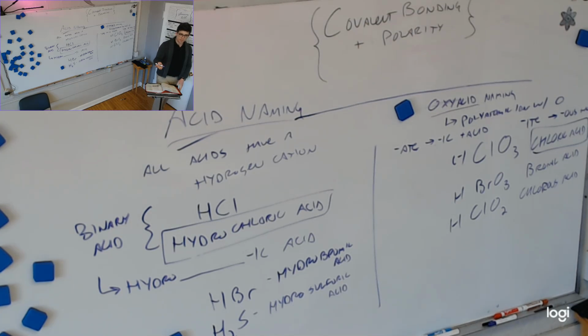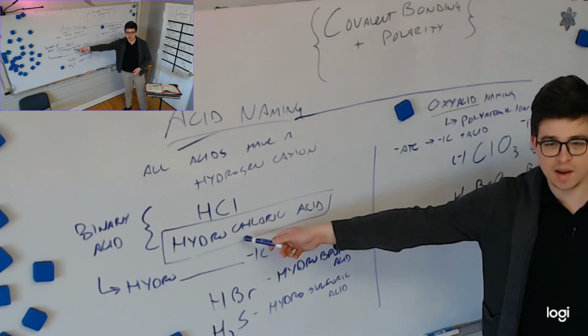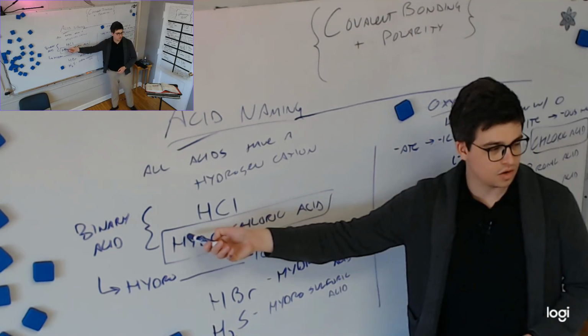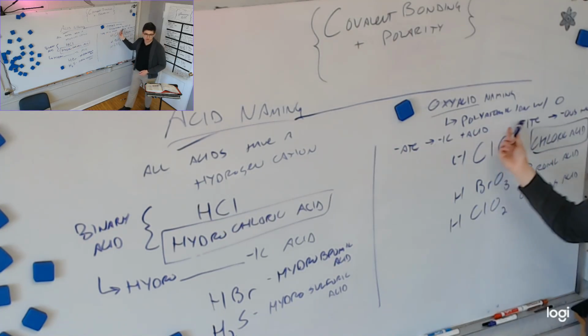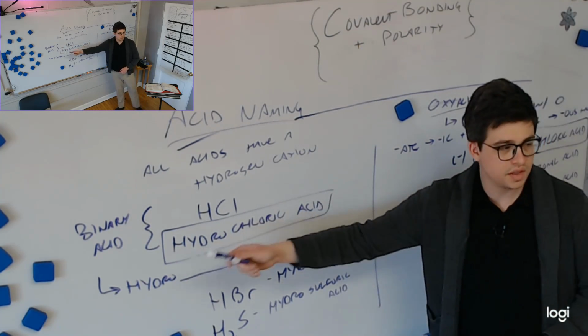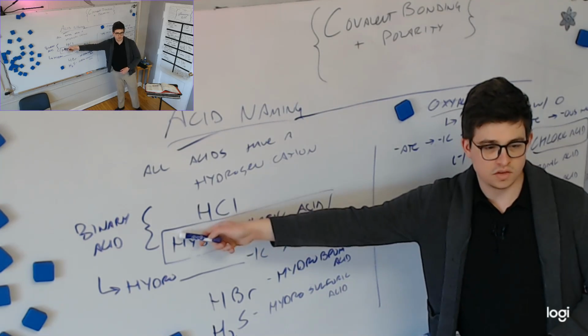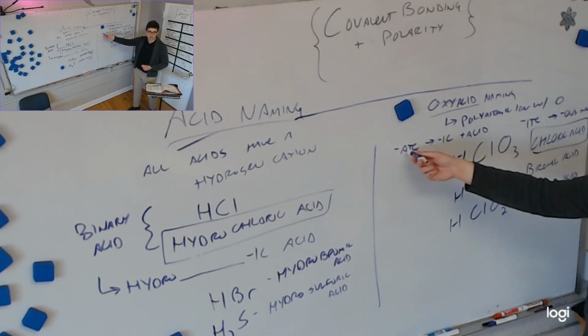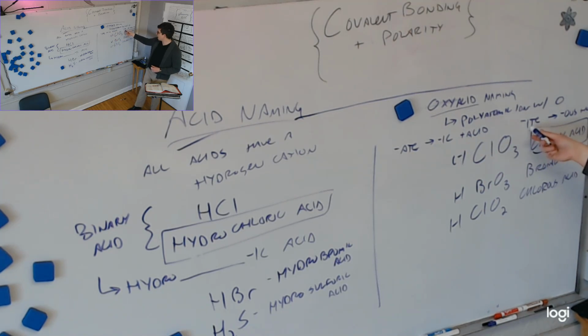And the bacon quarter pounder also has cheese, too. They don't say bacon quarter pounder with cheese. The cheese is only important enough to be named if there's not also bacon along, right? The hydrogen's only important enough to be named if there's not also an oxygen hanging out with it. Hydro only gets to be in the name if there's no oxygens around. So any ate polyatomic ion turns to ic acid, and any ite polyatomic ion changes to us acid.